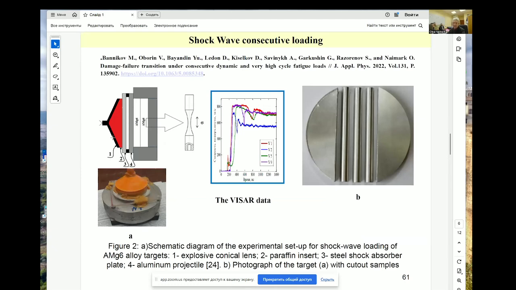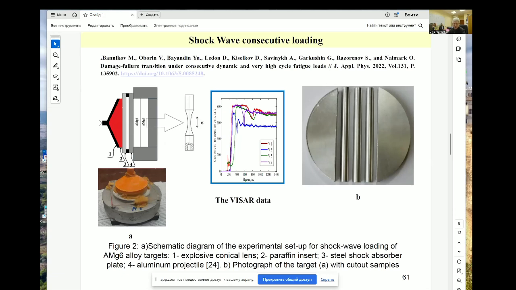It was a typical shock wave experiment where the target of aluminum magnesium alloy, representing two massive targets coupled together, was loaded by explosives with formation of shock and measurement of shock wave parameters at the oblique surface of the second target.